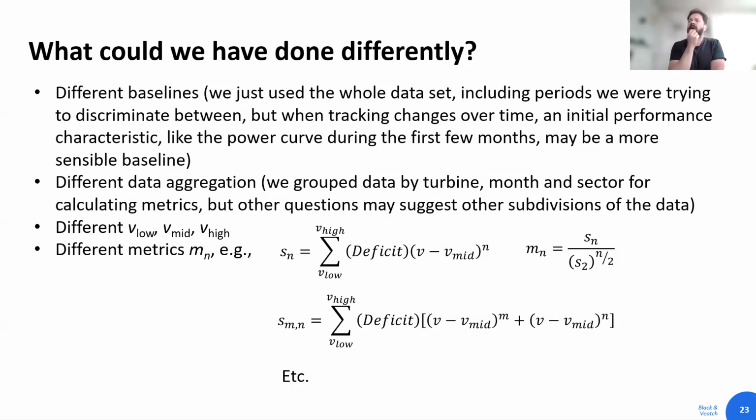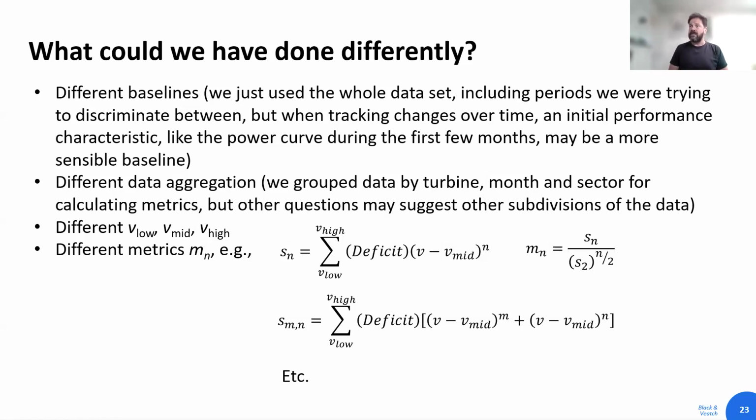I want to just wrap up by saying, well, what could I have done differently in exploring this method of analysis? I could have chosen different baselines. It's pretty crude, me just taking the whole data set and lumping in all of the data from the period of time that one might legitimately consider a baseline, along with the period of time where there's some anomalous performance potentially that I'm interested in looking at, and calling that my baseline.